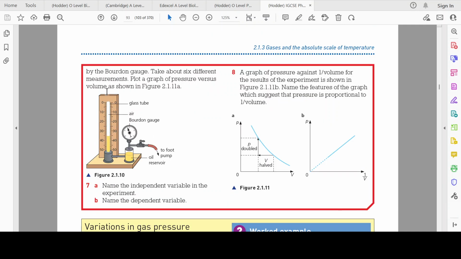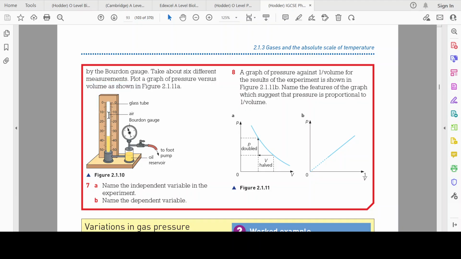P is measured. Take about 6 different measurements and plot a graph of pressure versus volume. So the pressure is decreasing, the volume should increase. Wait, what did I say? The volume is decreasing, the pressure should increase. I believe I said it the other way around. Yeah.